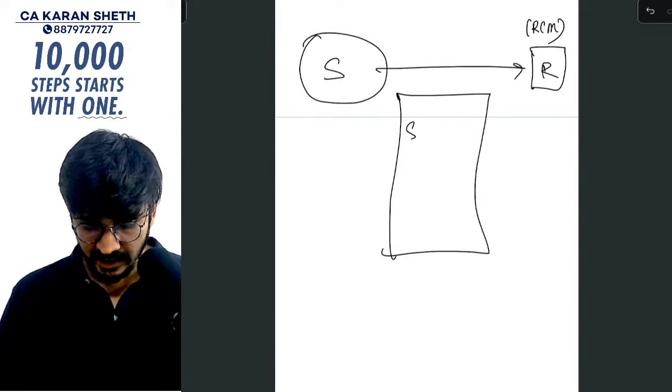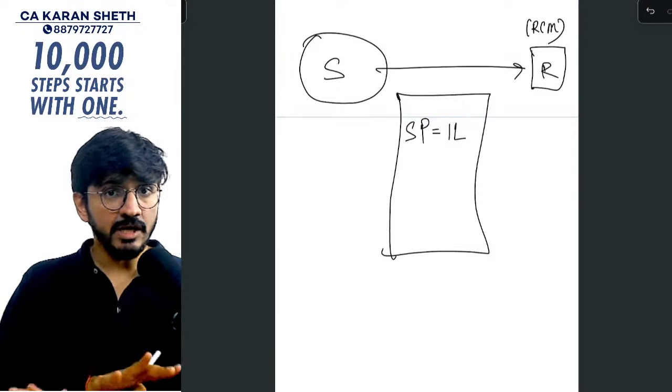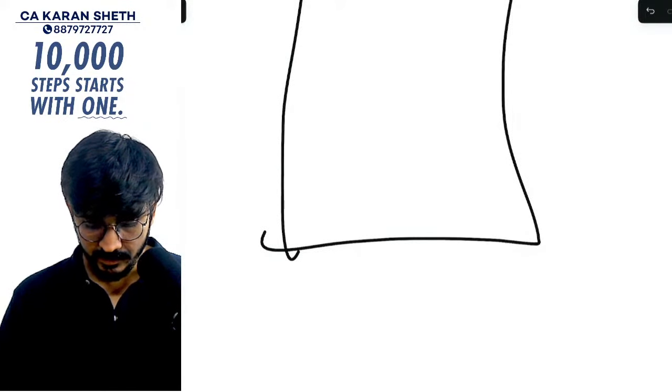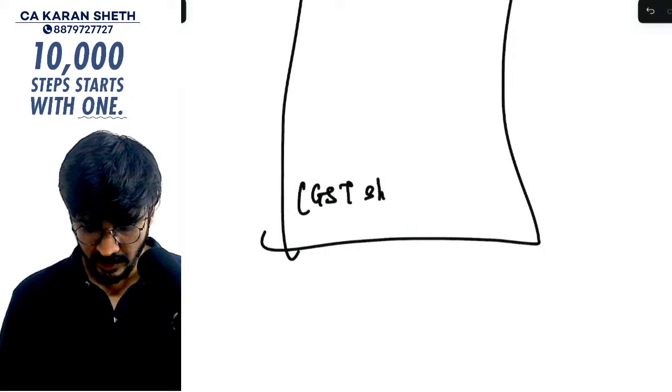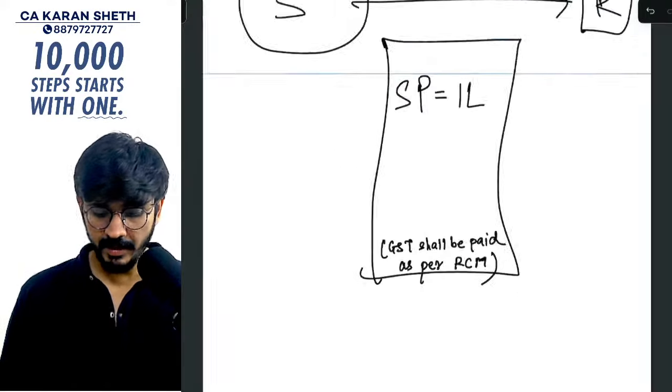So here selling price will be 1 lakh plus GST? No. Only a statement will arrive which says that GST shall be paid as per RCM. Is that very clear, my dear friends?